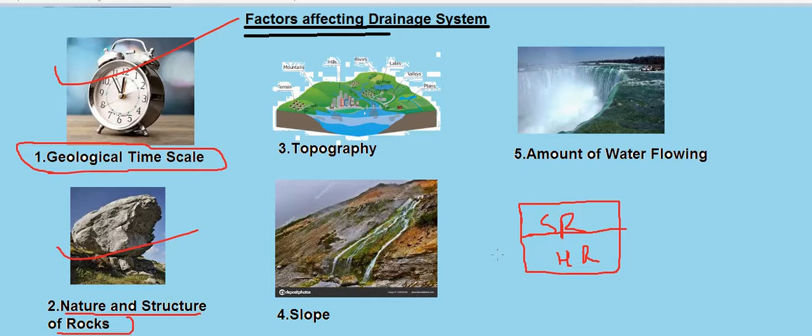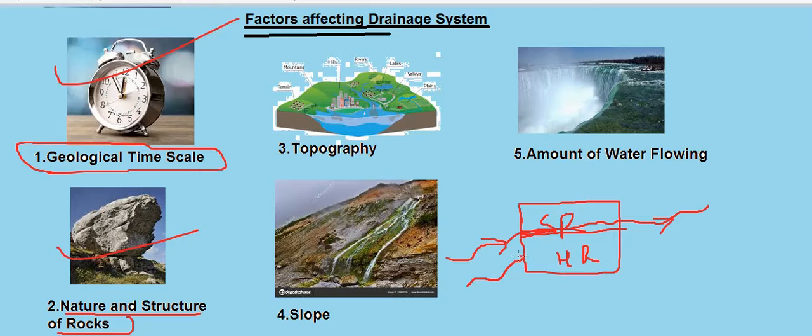Now, how is the nature and structure of the rock one of the factors for the drainage system? If a river is flowing from this direction, it will corrode the soft rock and flow through it to move in a further direction.